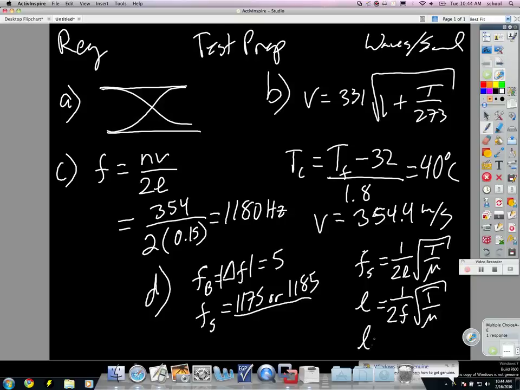Okay, and then so we took the tension, which is 55, divided by 0.0025, right? Because that says 2.5 grams per meter, but it should be kilograms per meter.